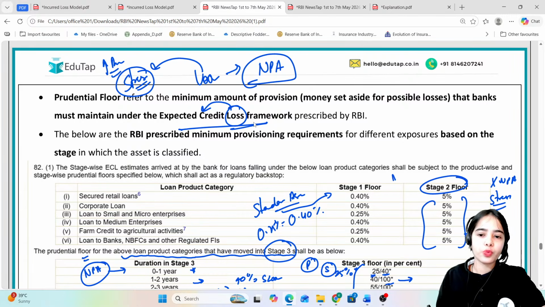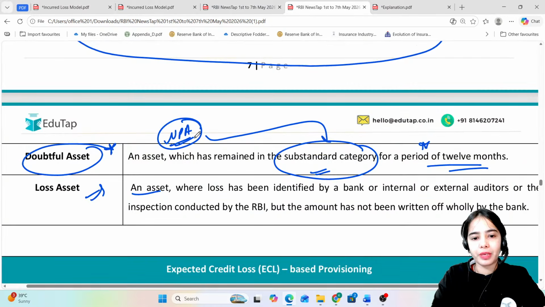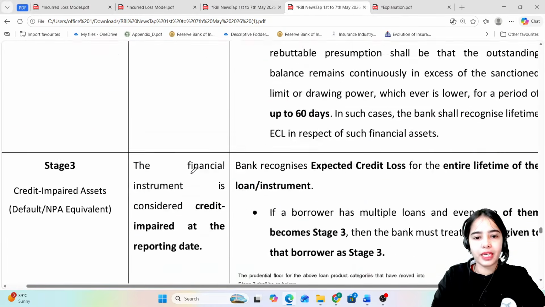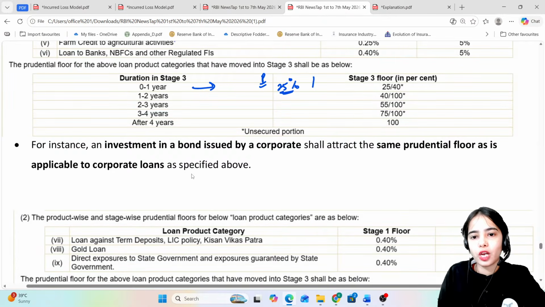Okay, so stage 1, that means standard assets, normal provisions have to be maintained. For stage 2, NPA has not been recognized but the stress has been recognized, so higher provisions of 5%. And as soon as the loan becomes NPA, in the initial year, 25% provisions for the secured loan and 40% for the unsecured loan, then 40% for the secured loan and 100% for the unsecured loan.